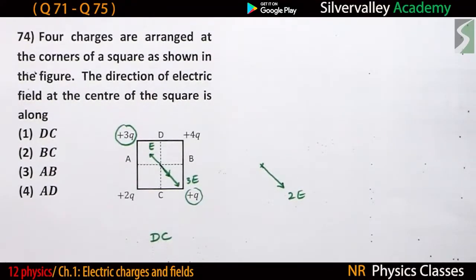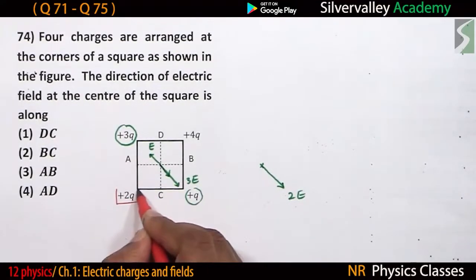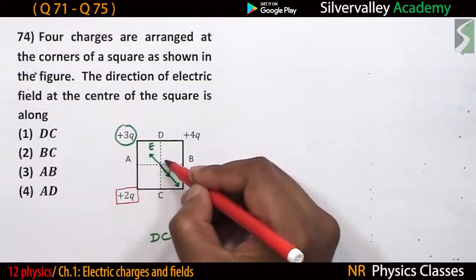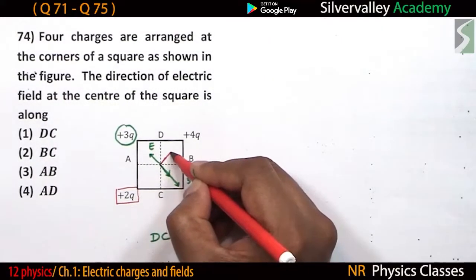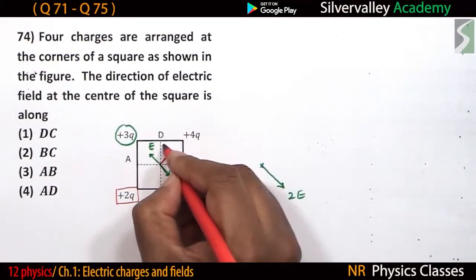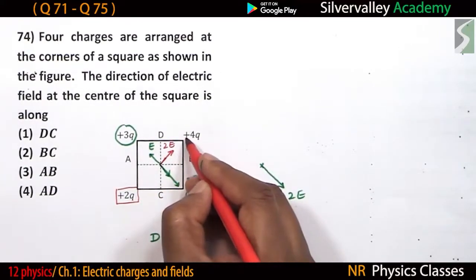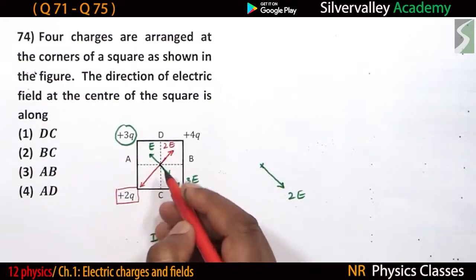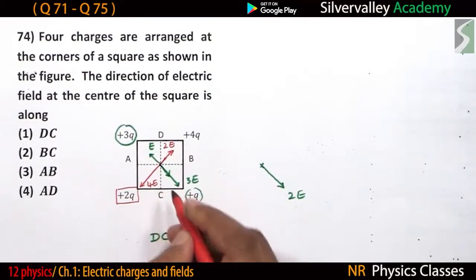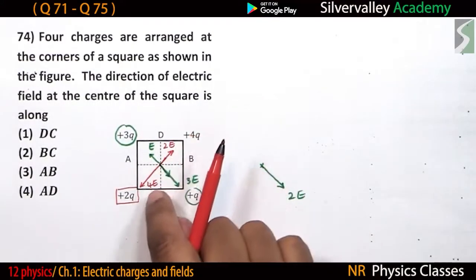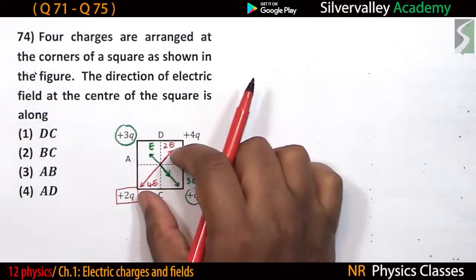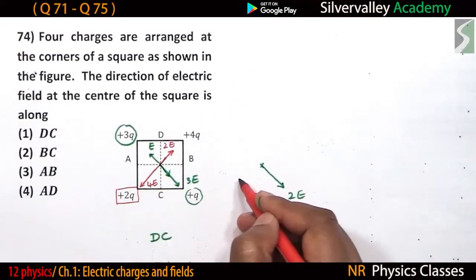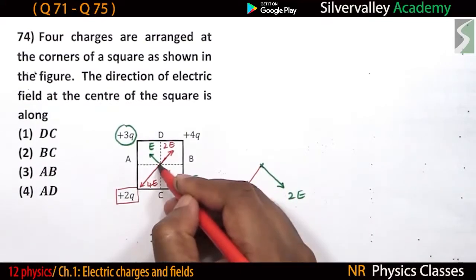Similarly, because of positive charge 2Q, the electric field is away and the magnitude is 2E. Because of plus 4Q, the electric field is away, the magnitude is 4E. 2E in this direction, 4E in this direction. The resultant of these two is in this direction, isn't it?